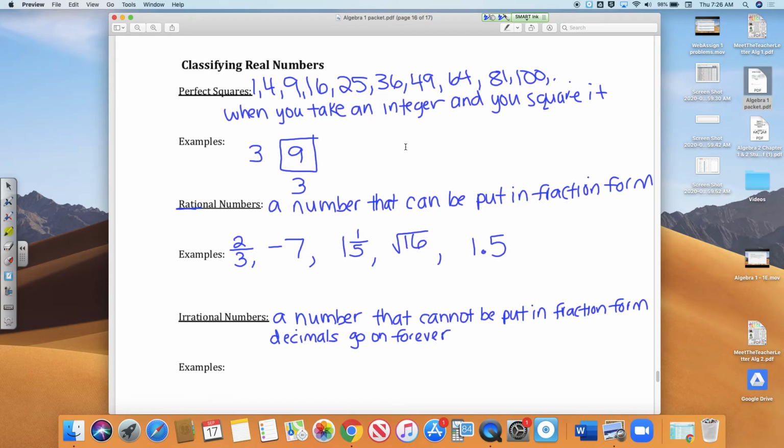The fancy way of saying that is that they never terminate, and they never repeat the same pattern. So irrational numbers are numbers that are hard to deal with.